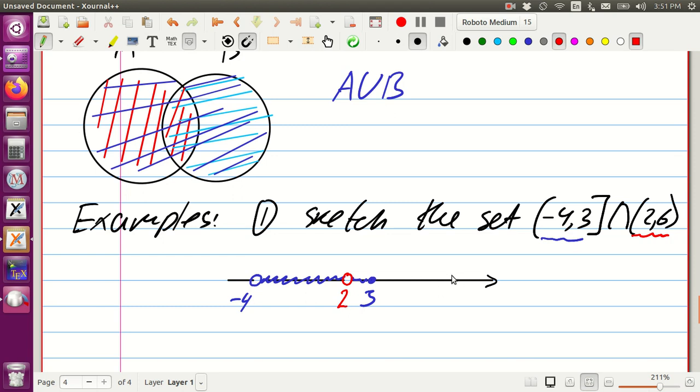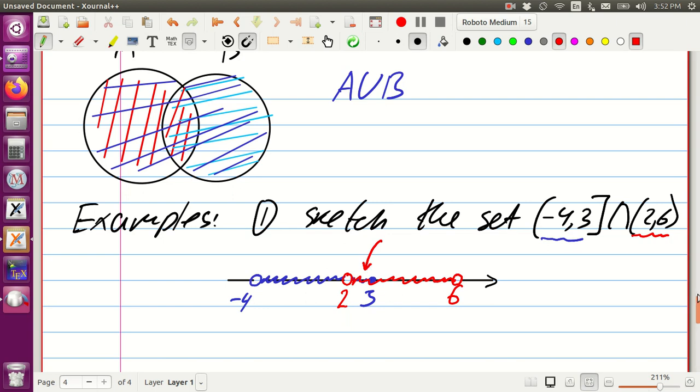And over here we will have 6. And we take everything from 2 to 6. So since we're taking an intersection, that means we look at this interval over here where both the blue curve and the red curve intersect.